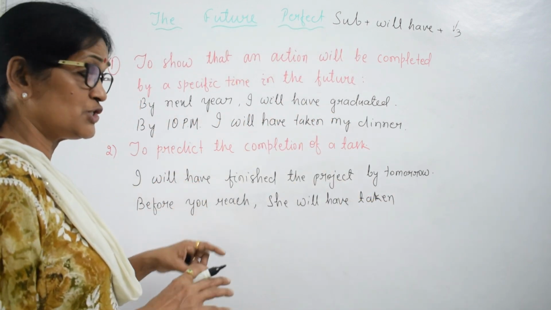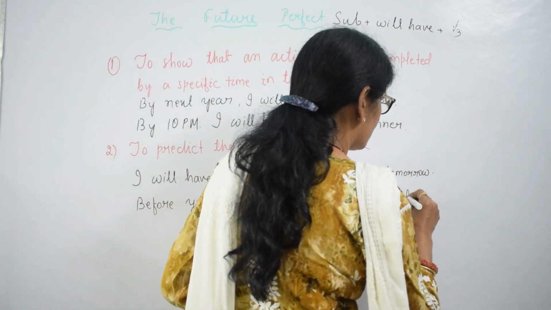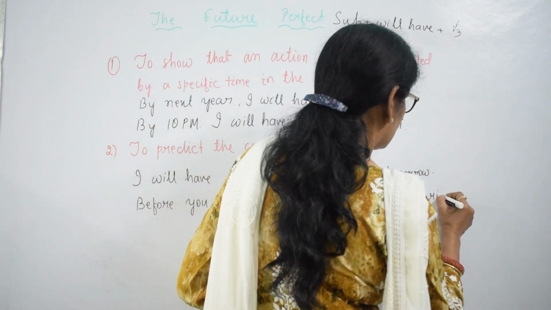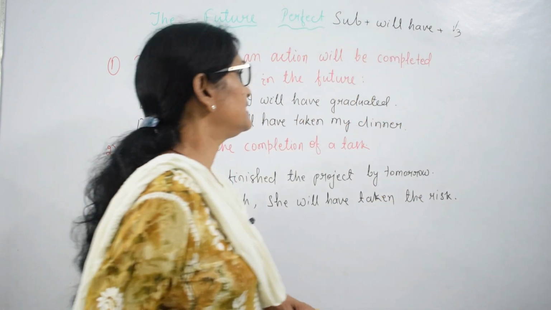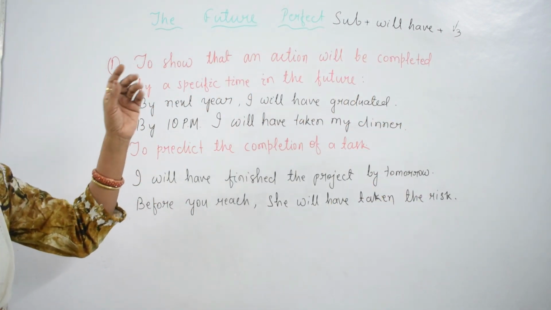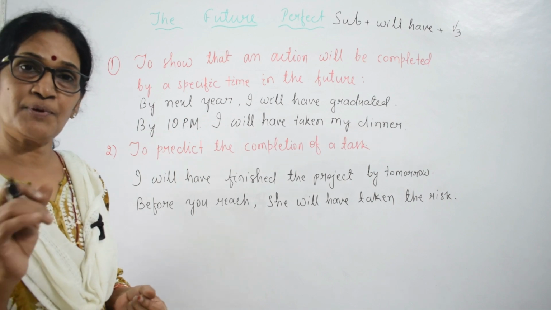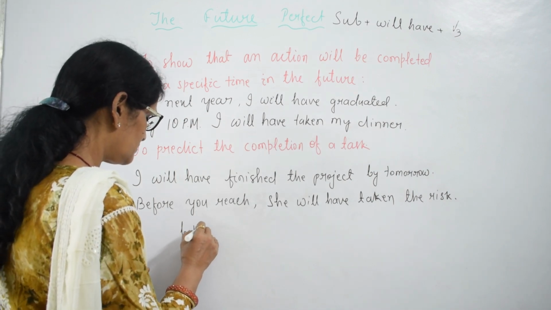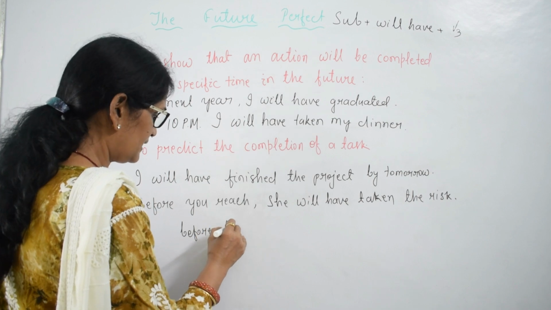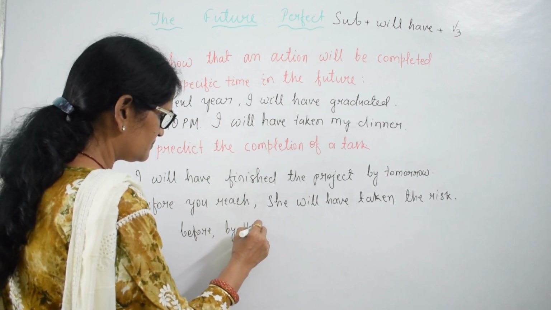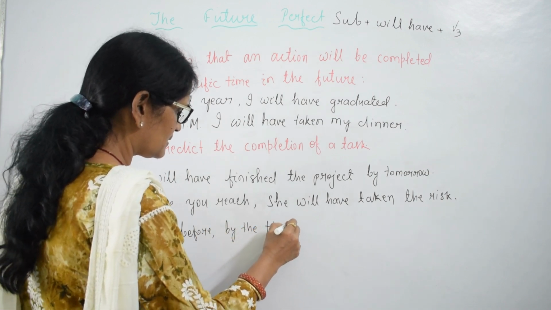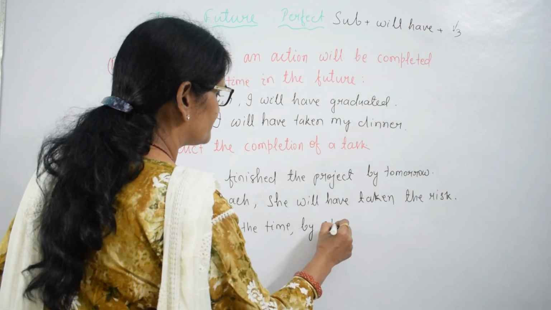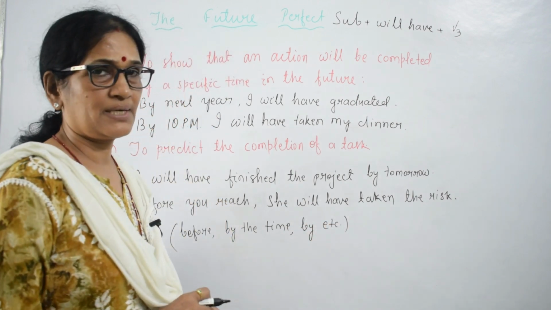Before you reach, she will have taken the risk. This is how we use future perfect. The time markers for future perfect: before, by the time, by, etc. These are the time markers.